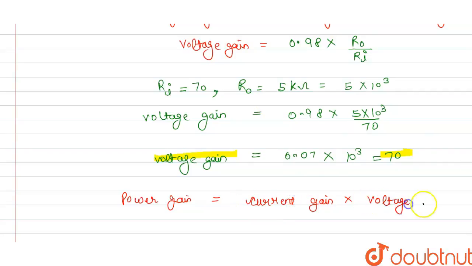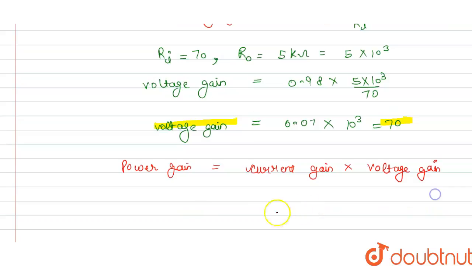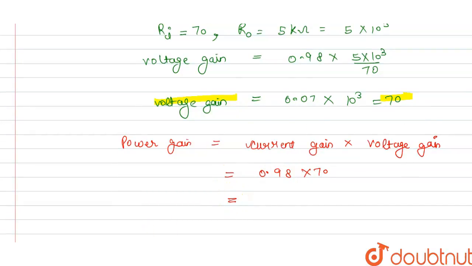We have given here current gain is 0.98, into 70, and this will be equal to 68.6. So this is our power gain here.